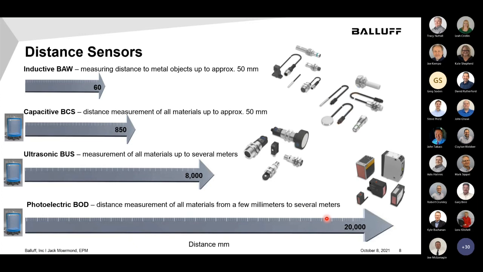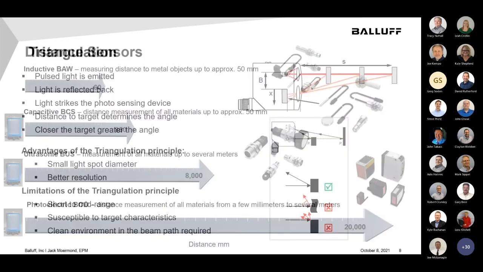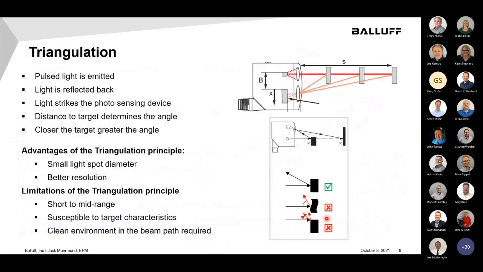Once you start dealing with photoelectrics, there's a couple things you have to keep in your mind. It's the difference between triangulation and time of flight. So triangulation, basically what happens is the sensor emits a light. The light hits the target, bounces back.